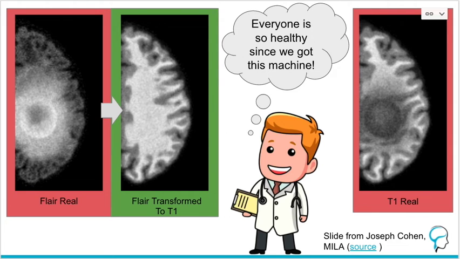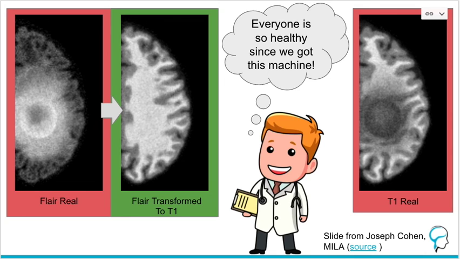The domain with FLAIR has a lot of unhealthy subjects, a lot of tumors, and the domain with T1 is almost all healthy. When we use CycleGAN to learn a translation function between the two domains and translate an image from FLAIR to T1, we lose the tumor.